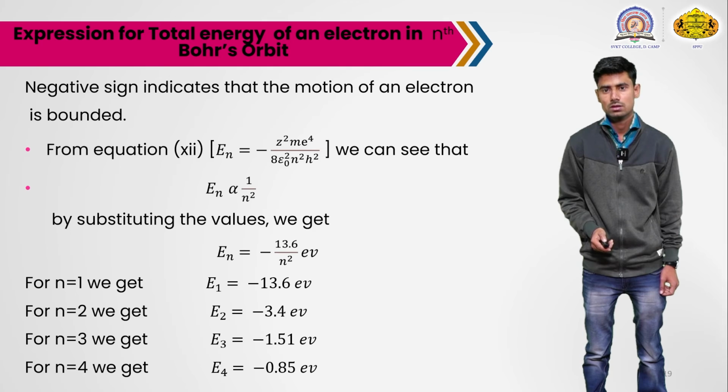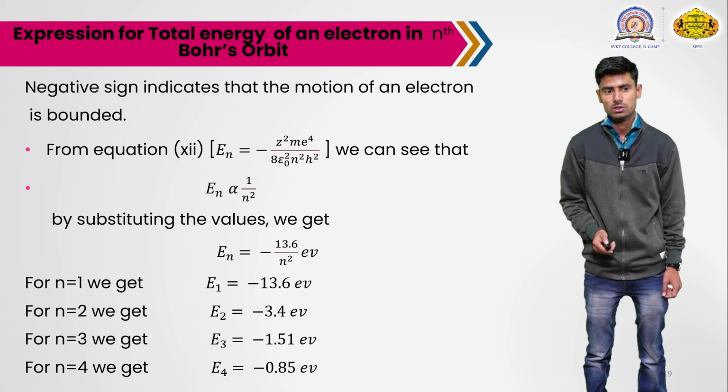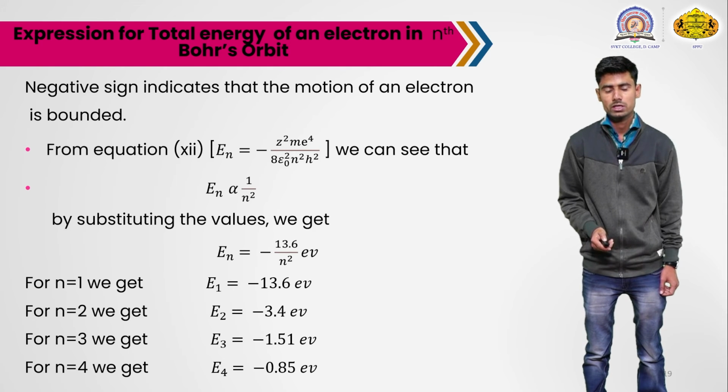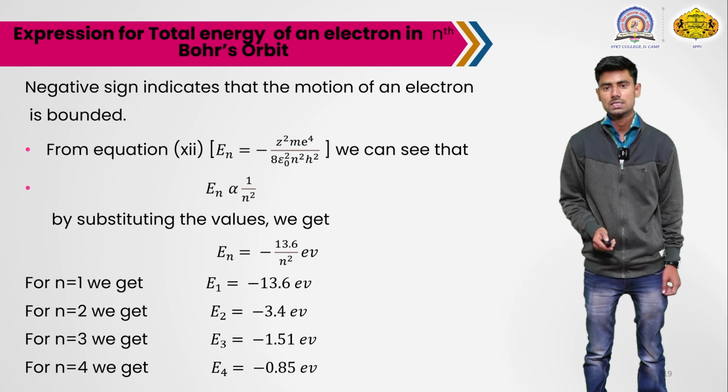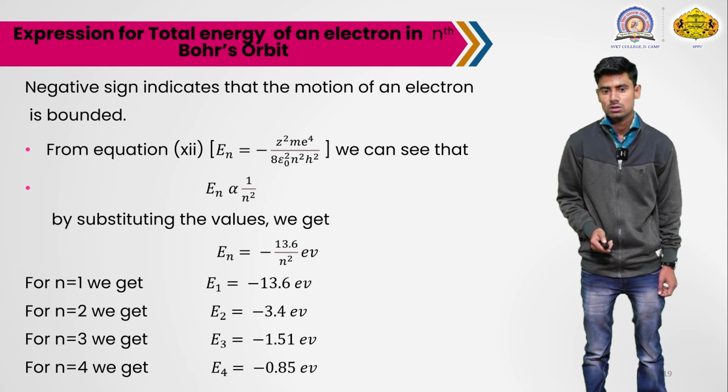Now let me calculate the energy for the first few orbits. For n equals 1, we get E1, the total energy of the electron in the first Bohr orbit, as minus 13.6 electron volt. For n equals 2, I will get minus 13.6 divided by 4, which is E2 equals minus 3.4 electron volt.